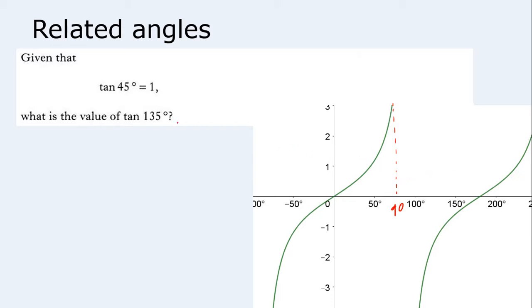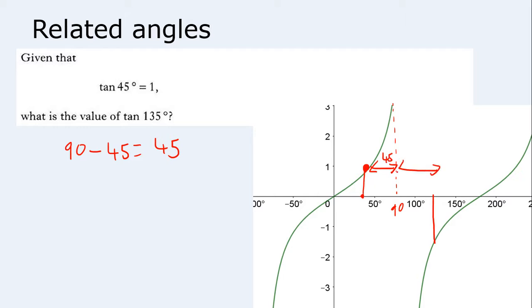Okay, so it tells you about tan 45. So tan 45, if we think of 45 as being around here, we're told the value is 1, so it's going to be up here. So tan 45 is 1. What is tan 135? Well, straight away you know it's negative. And if you just think about what is the difference between 90 degrees and 45? Well, it's 45. So there's a distance there of 45.